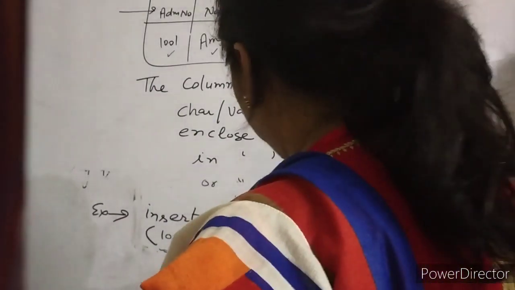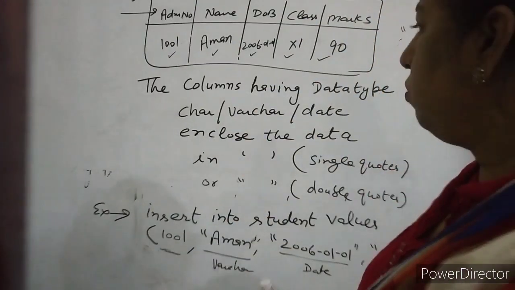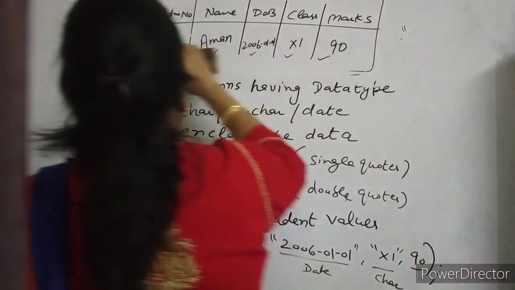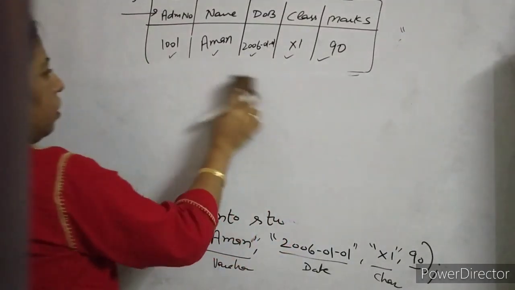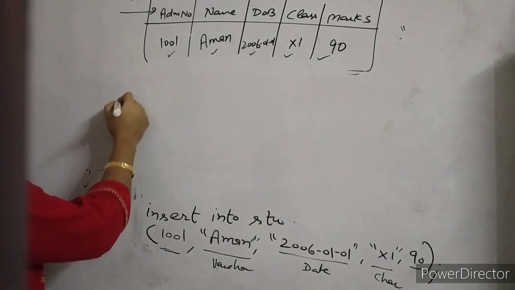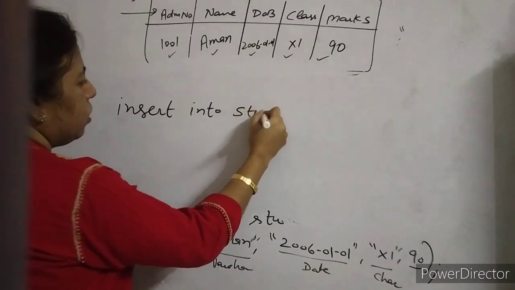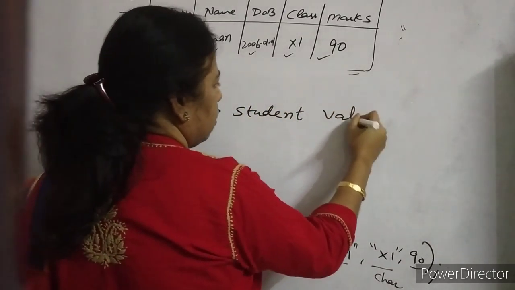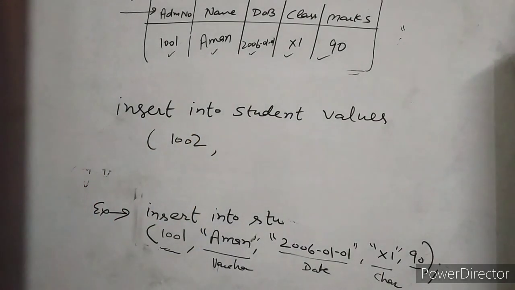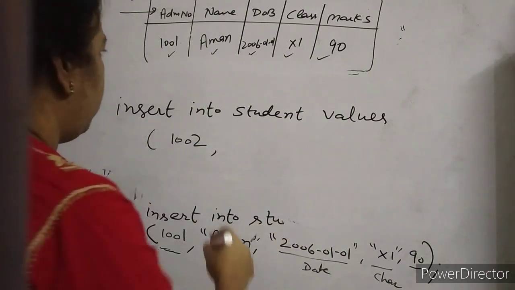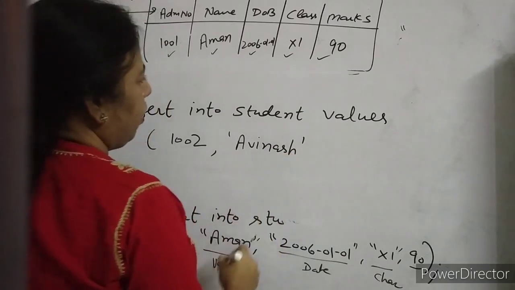Now some students thought that if I don't want to insert any value in the record, suppose the next command is: insert into student values 1002, 'Avinash'. The name I have given is Avinash.